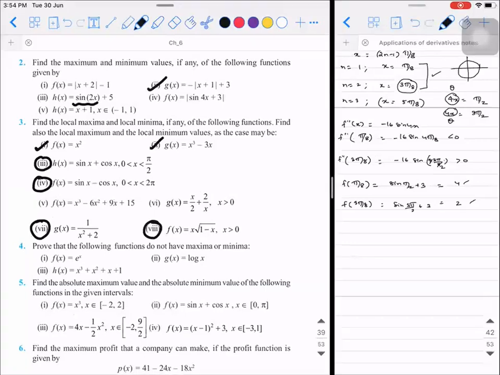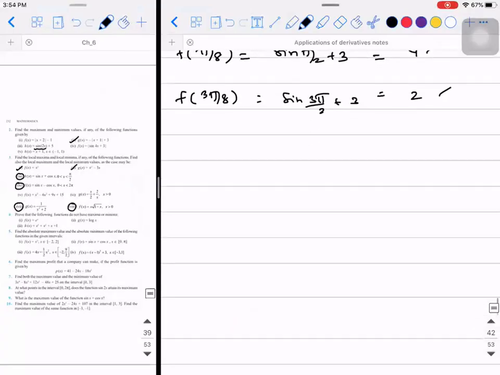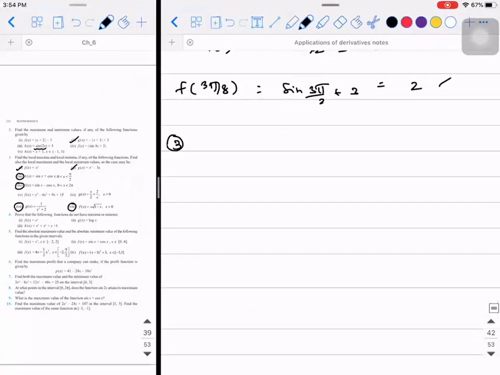Okay. So let's concentrate now. Third question. h of x is equal to sin x plus cos x, and x belongs to the open interval 0 to pi by 2.